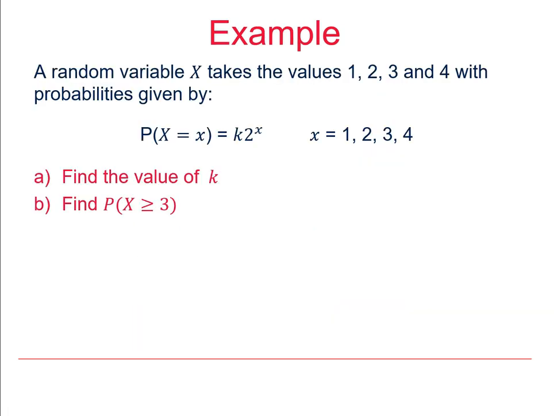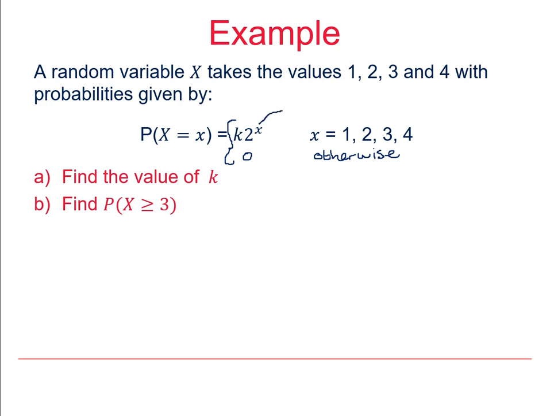If we look at a fairly simple example here, you can see that this is written in the more formal way. It doesn't actually include the 0 otherwise, but you will often find that written in. But we are told this time that the probability that x takes any value 1, 2, 3 or 4 is k multiplied by 2 to the power x.